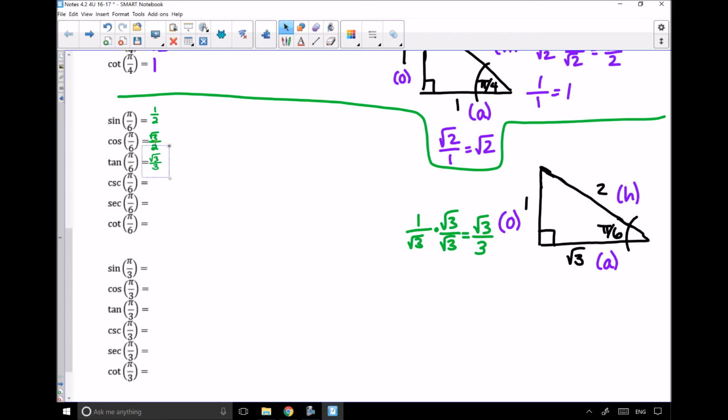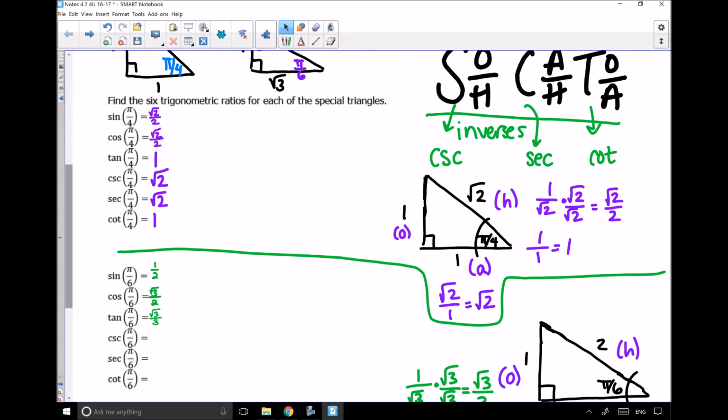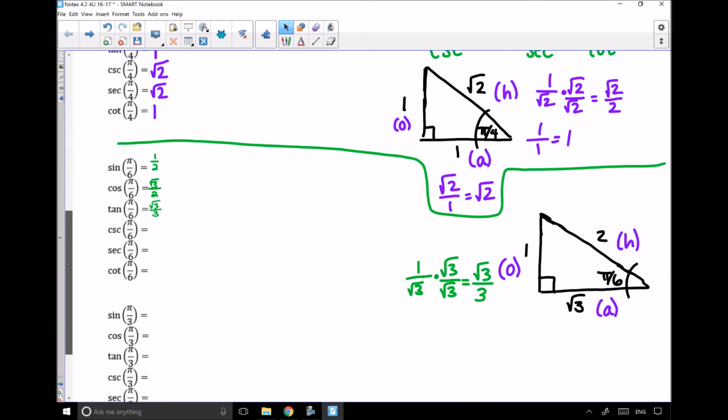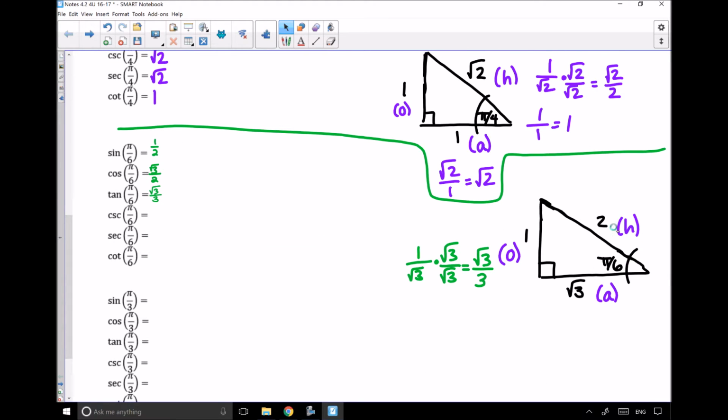Okay? All right, so next I need to figure out the cosecant. Well, remember, cosecant is the inverse of sine, so instead of opposite over hypotenuse, I'm going to do hypotenuse over opposite. So hypotenuse is 2, opposite is 1, so I'm going to take 2 divided by 1, so I just get 2. So 2 is what cosecant is going to be of pi over 6. Okay? Next I need to do my secant.